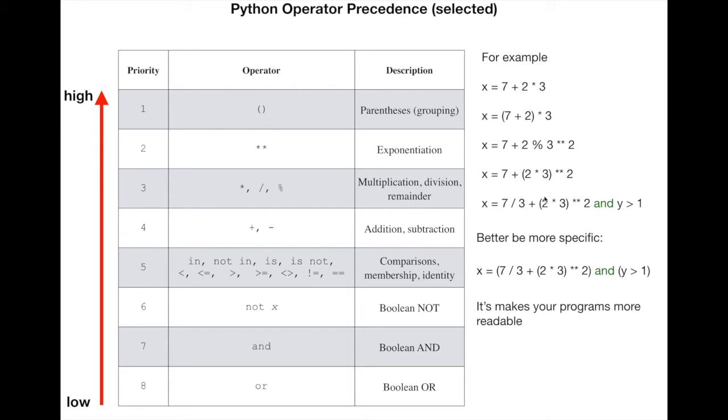These are actually quite complicated, so for best practice of coding, I would suggest you be more specific with parentheses. Then we start with 2 times 3 first, then the exponential, then the plus, and then the AND operation, which makes your programs more readable.